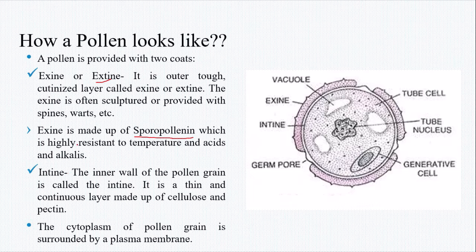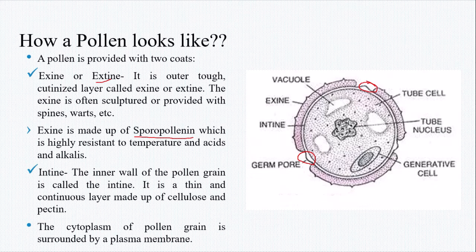The intine is the second layer, the inner wall of the pollen grain, and it is a very thin and continuous layer made up of cellulose and pectin. In the exine layer, you can see that there are some places where the exine is absent.